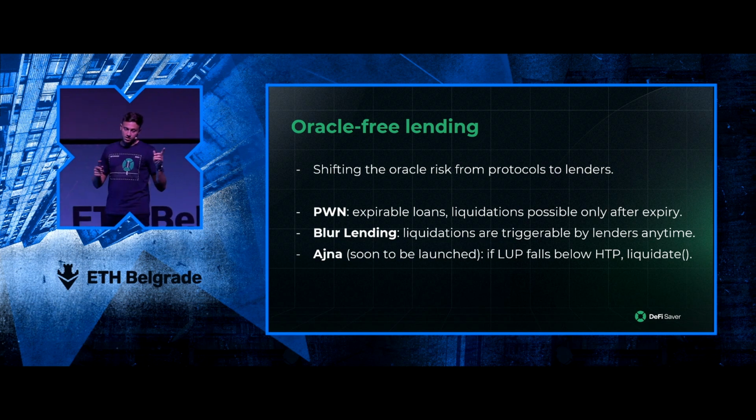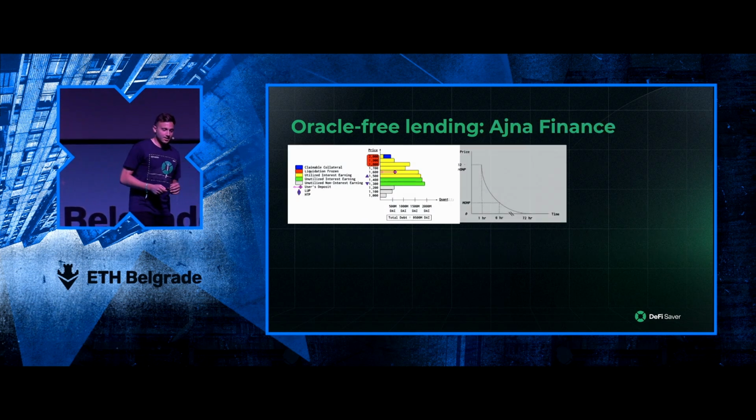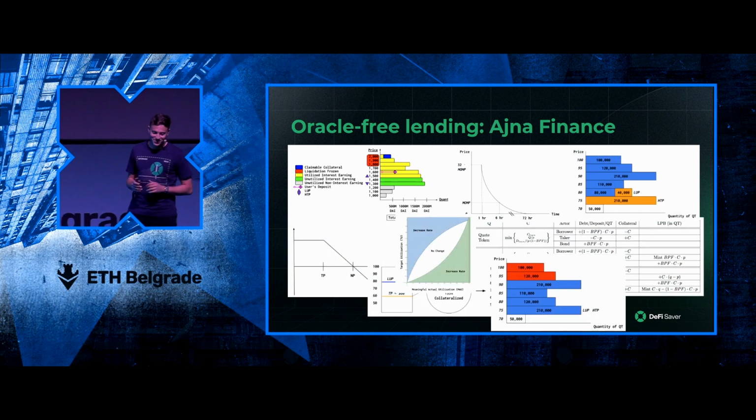And if the LUP falls below the HTP, basically anyone can liquidate loans in Ajna Finance. As I said, it's a bit more complex than the previous two. By the way, I wrote about Ajna in detail on Twitter, so if anyone is interested, you can check it out.